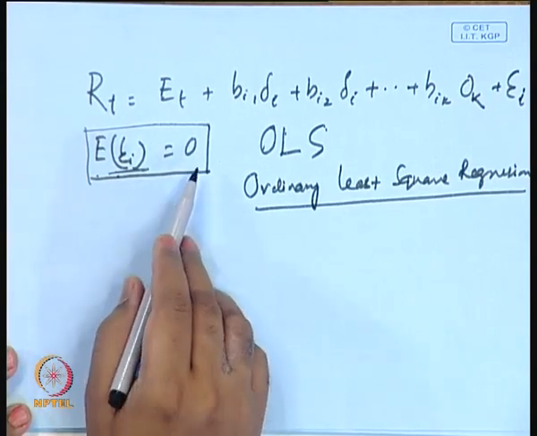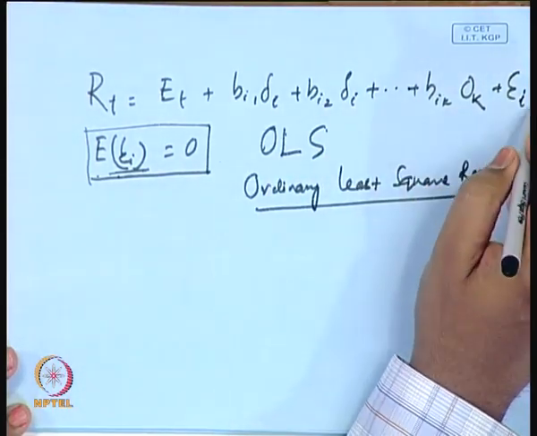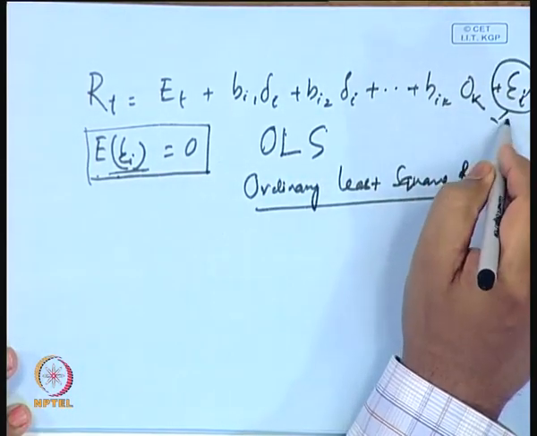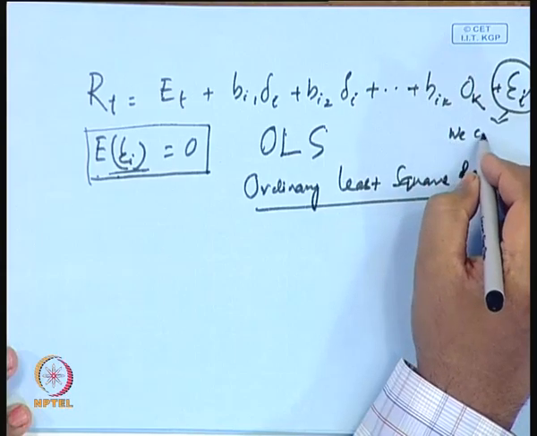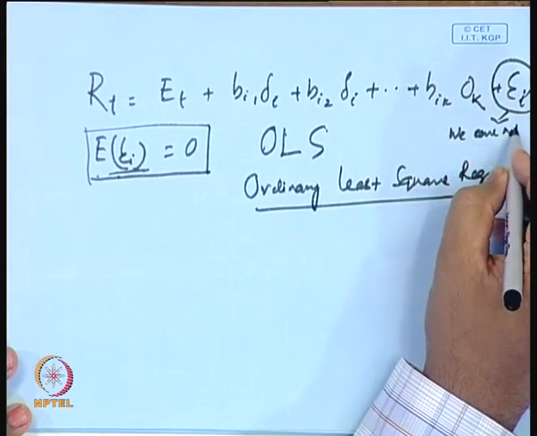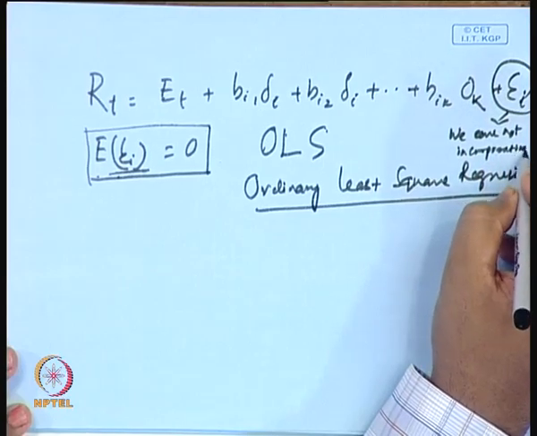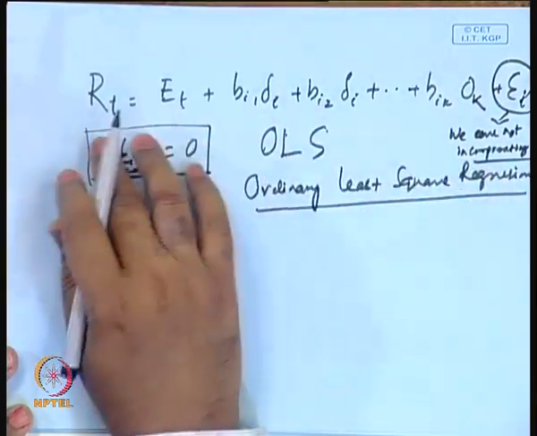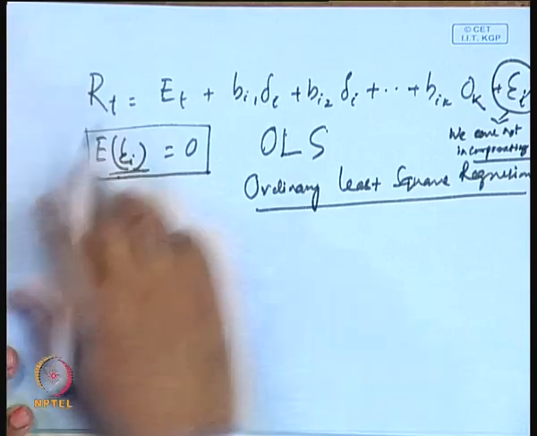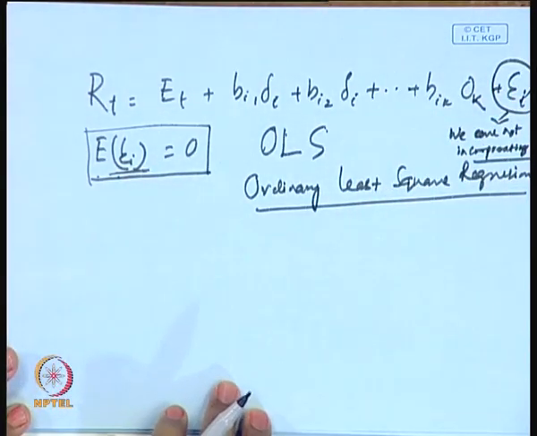That means this part talks about the particular factors that we are not incorporating in our model. If we were to incorporate all variables, maybe there are 1000 variables which affect your stock return, but in a practical sense it is not possible.